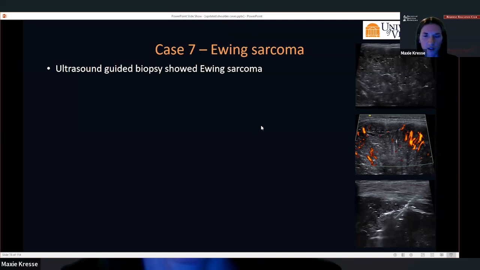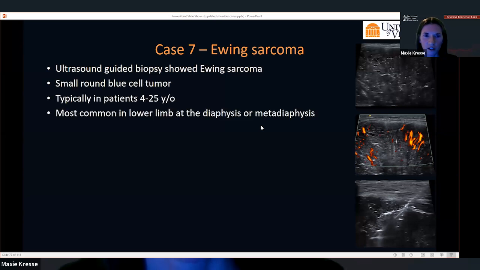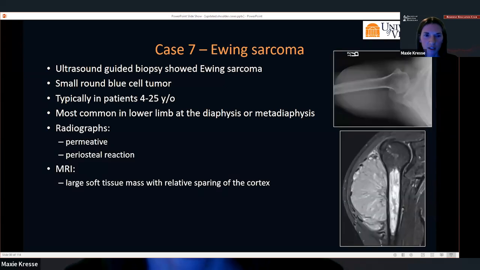So Ewing sarcoma. This is one of the small round blue cell tumors, and it is typically in patients 4 to 25 years old. So the age of this patient was unusual. This patient was a little older than you will more commonly see. The lower limb is also a little bit more common than the humerus, but the humerus is not an uncommon spot.